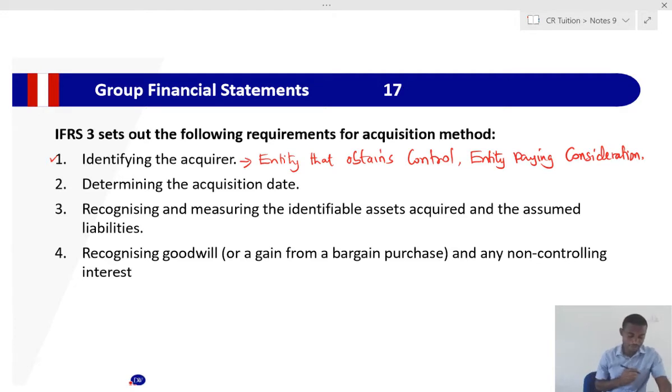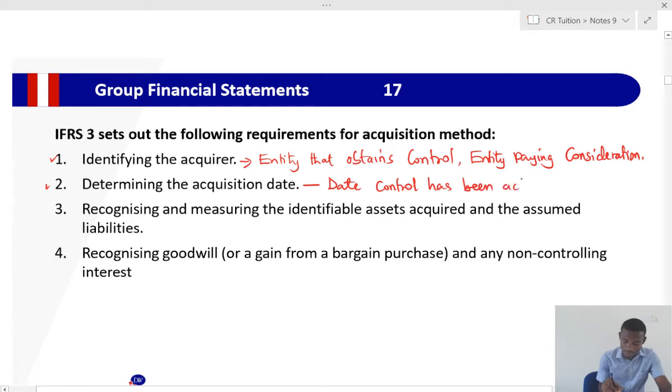Now, if we know the acquirer, the step 2 is to determine the acquisition date. The acquisition date is the date control has been achieved, and it's from that date that we begin to consolidate, and that must be clearly established.